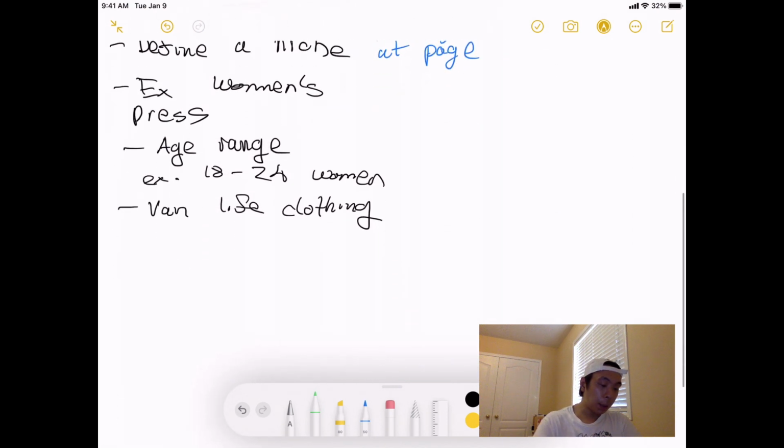So I explain here: age range, what their interests are, for example, like van life.